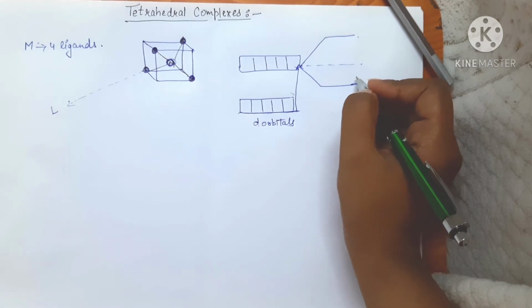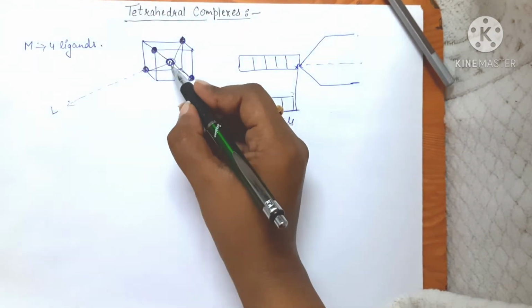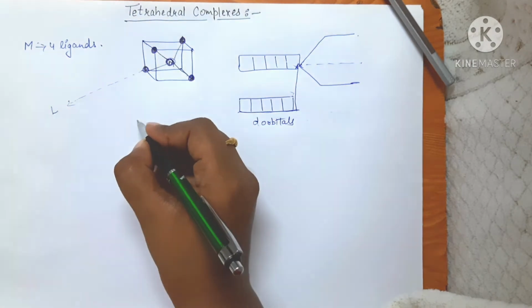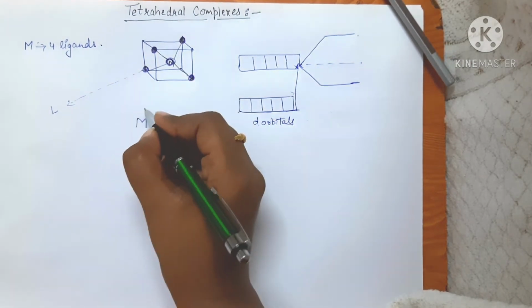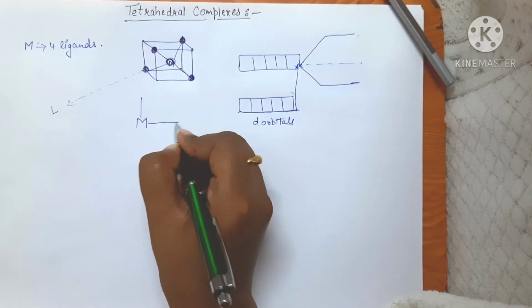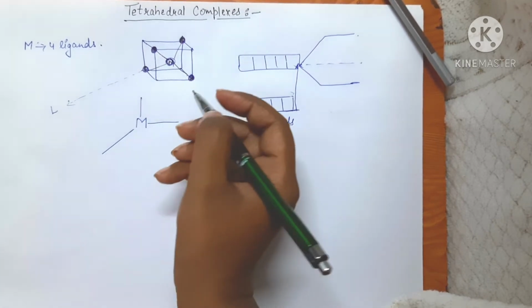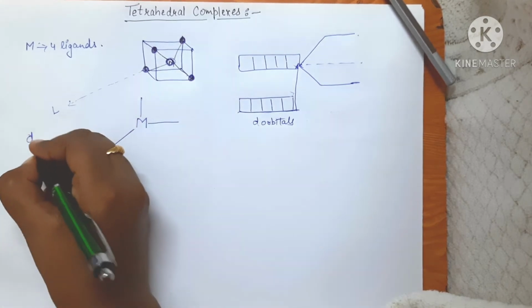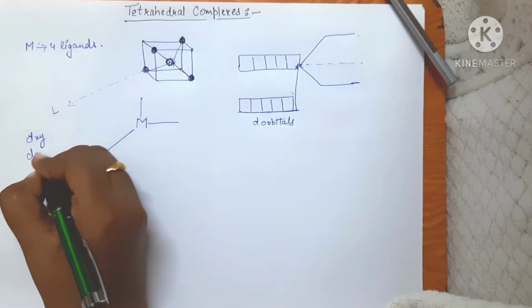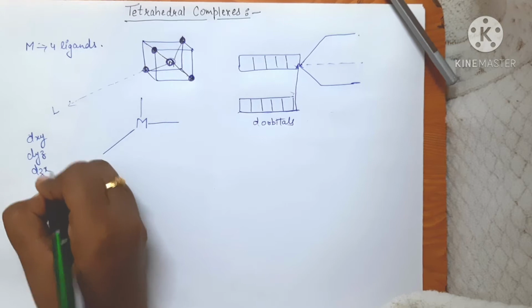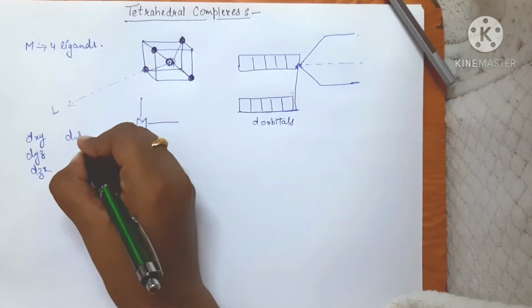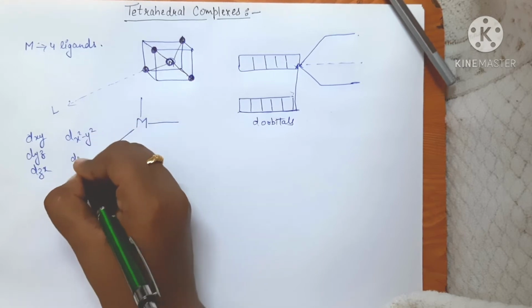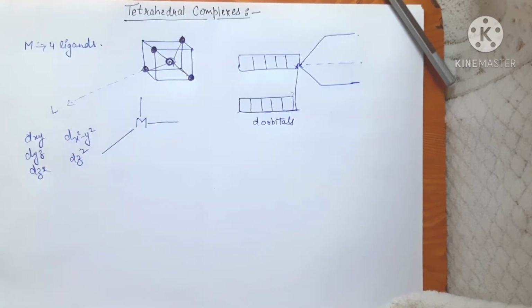See, in this case what happens? This is the central metal. Here the metal is present like this, and it has x, y and z axes. Now there are orbitals dxy, dyz, dzx present in between the axes, and on the axes dx square minus y square and dz square are present, right?